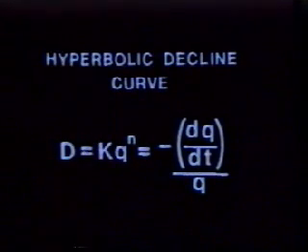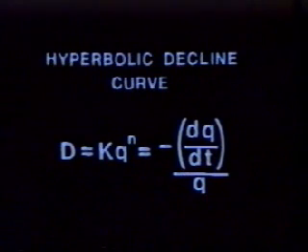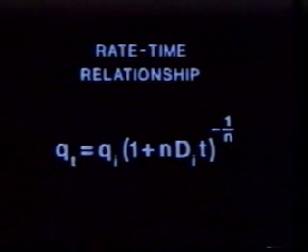We start with the hyperbolic decline curve. Beginning with our decline rate definition, we see that d, the decline rate, is a function of the flow rate q and the exponent n. Integrating this relationship between the appropriate limits of time and flow rate, we obtain the rate-time relationship.